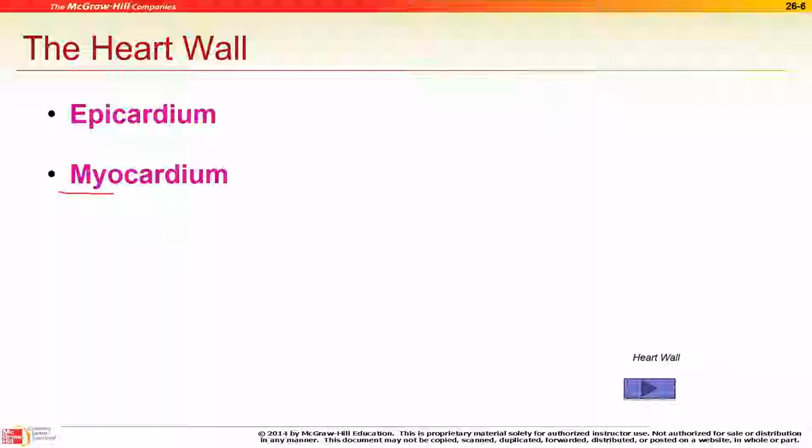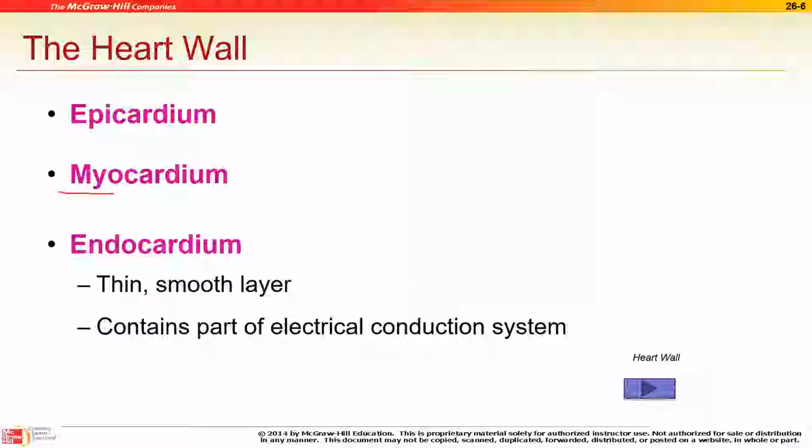This is the muscle layer. Have you guys heard of myocardial infarction? Yes. That's when the muscle layer dies. Infarction is death. Endo, that's the inner layer. Endocarditis, that's an infection of the inner layer of the heart, and it usually affects the valves.